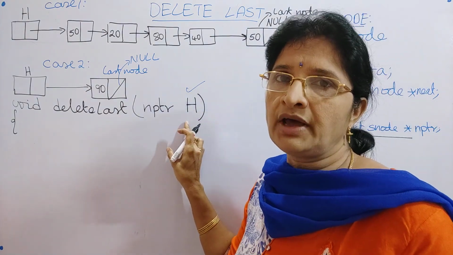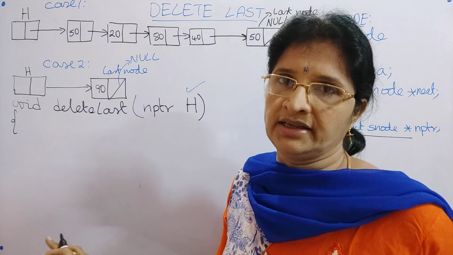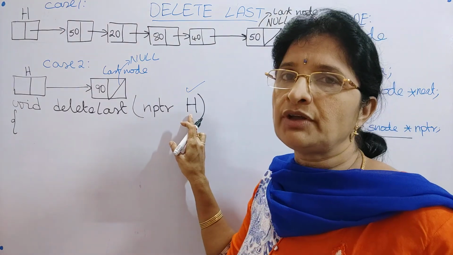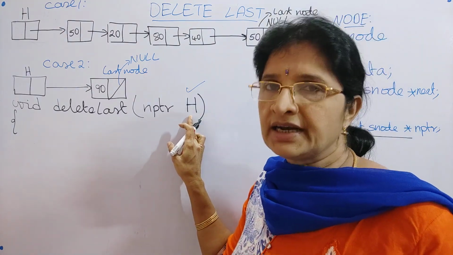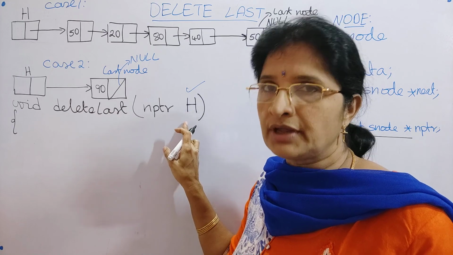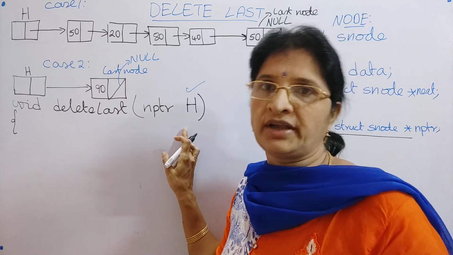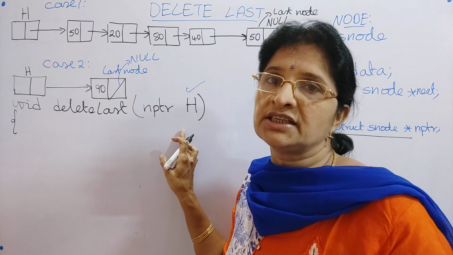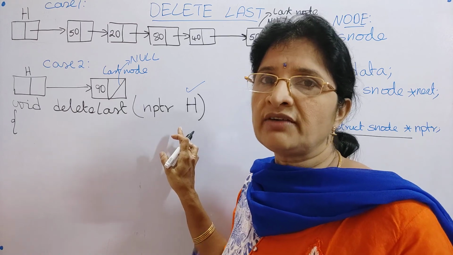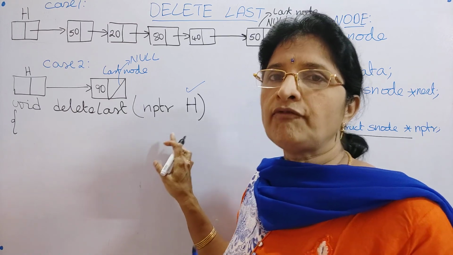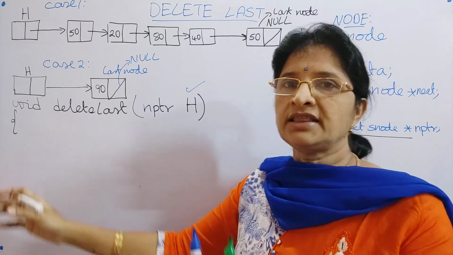If you lose that, you have lost the total list. Whenever we are working with a linked list, we are working with pointers. Pointers mean everything is passed by reference, so whatever changes we make will be reflected directly in the memory.